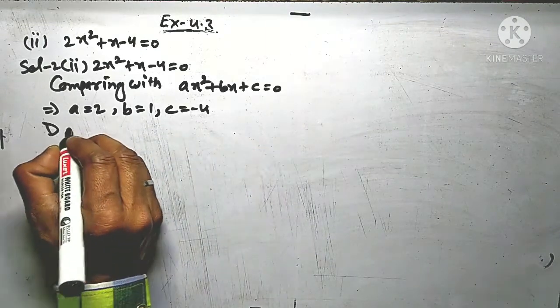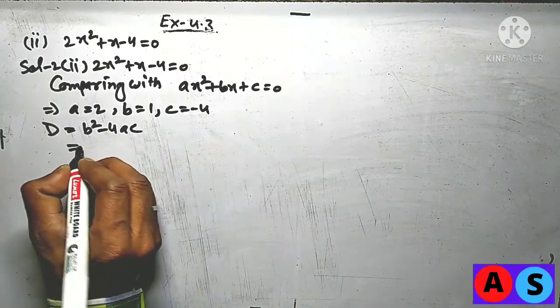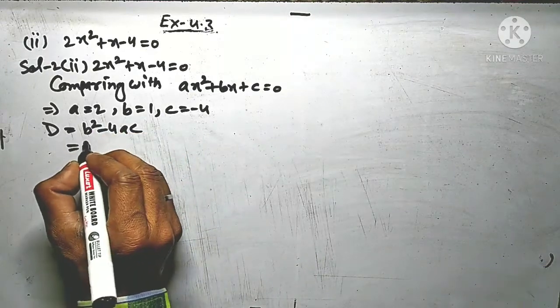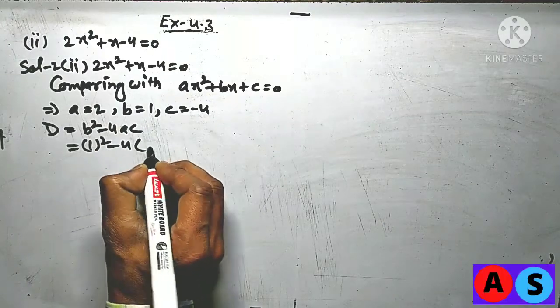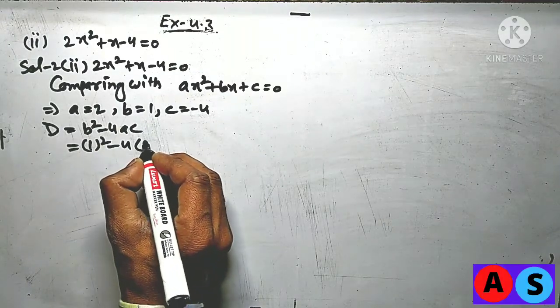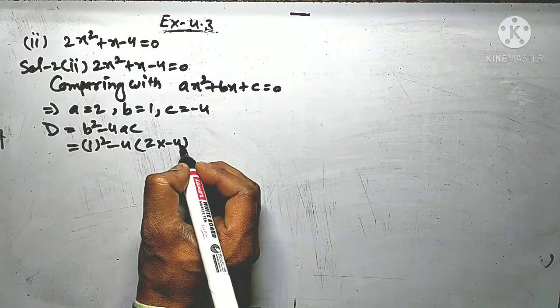We find discriminant b square minus 4ac is equal to value of b 1 whole square minus 4 bracket value of a 2 into value of c.